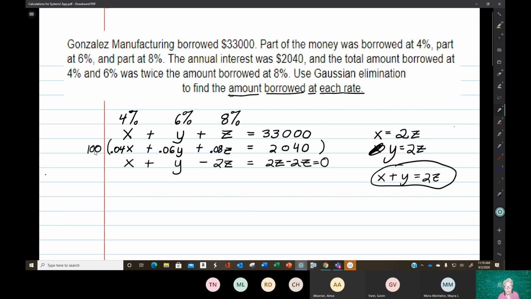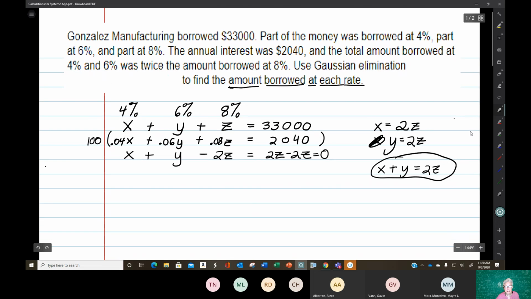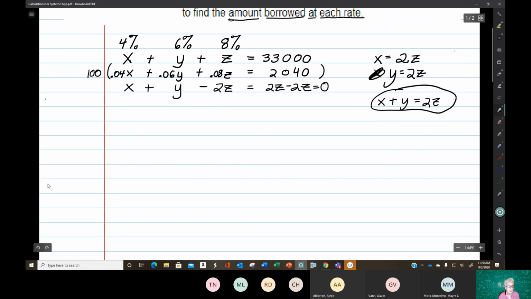So that now this is what I will have when I go to actually make a matrix. Like I said, I do hate big numbers. Miss Barbara, why were we multiplying by 100? Because that will move the decimal point over 2 places. And we won't have decimals anymore. Yay! We'll have whole numbers. I agree. Yay!